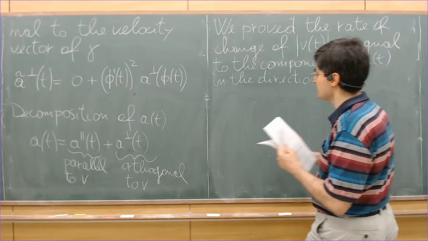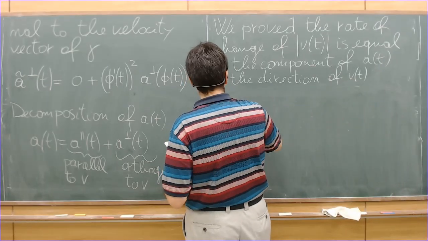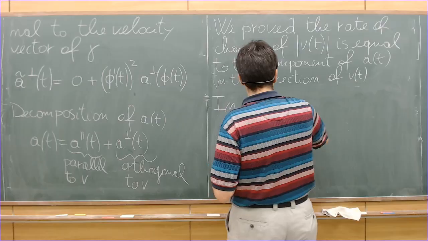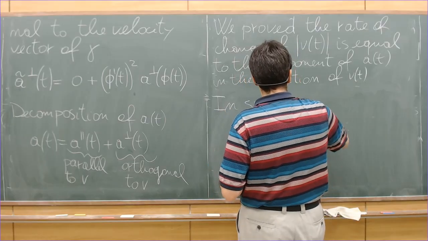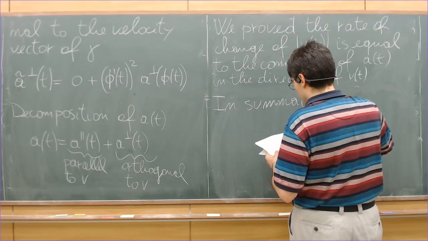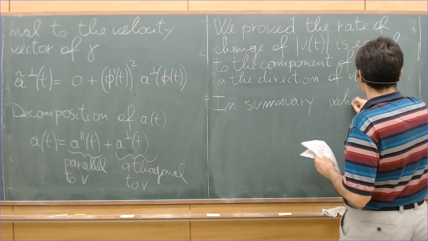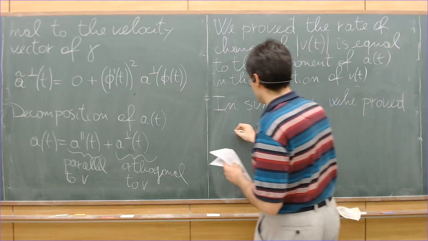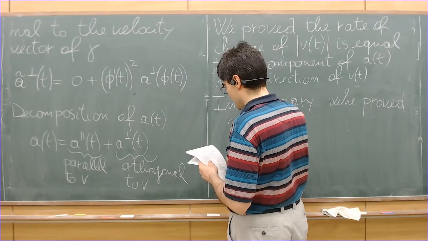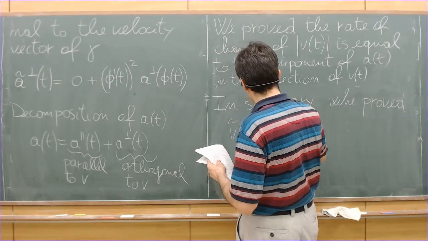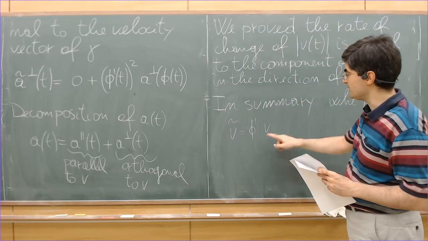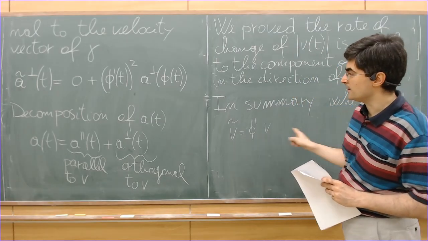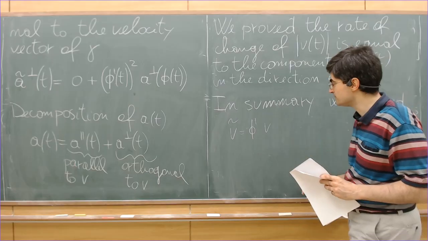Okay, so in summary, we proved that V tilde is phi prime V. This is a formula which I unfortunately erased.